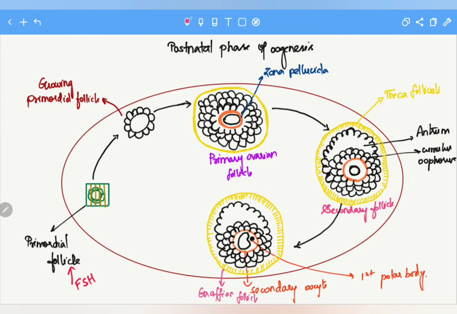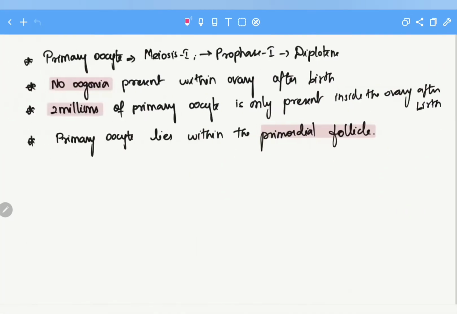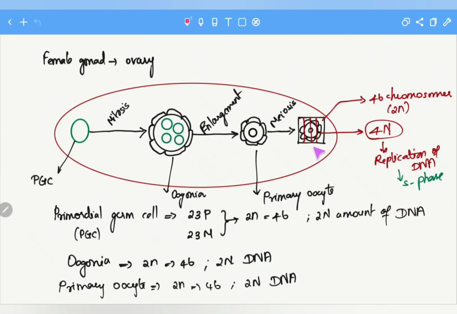Before that, I would like to say some features about the secondary oocyte. I hope you all remember what I said in the prenatal phase of oogenesis: the primordial follicle along with the primary oocyte gets arrested in the diplotene stage of prophase 1 of meiosis 1. So before the reduction division has taken place, it is arrested. So it contains the diploid number of chromosomes, that is 46 chromosomes, and a four-fold amount of DNA since replication has taken place.